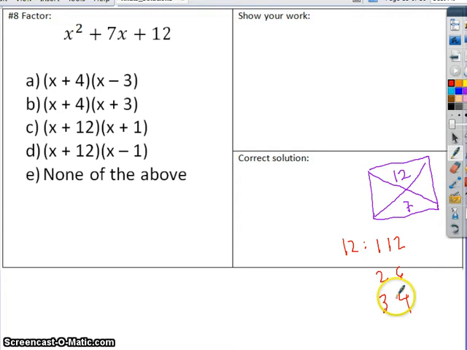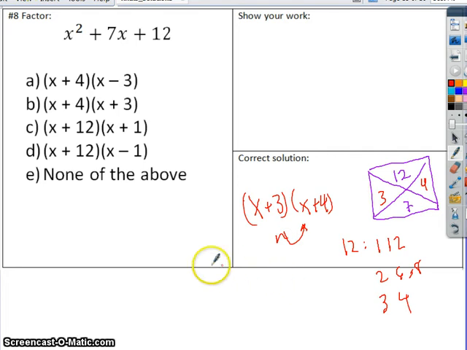And which one of those adds up to 7? No, 6 plus 2 is 8. 3 and 4. And so the two factors are x plus 3 times x plus 4. And the order does not matter because multiplication is commutative. So the two numbers that multiply to make 12 and add to make 7 are 4 and 3. And that's how you factor.